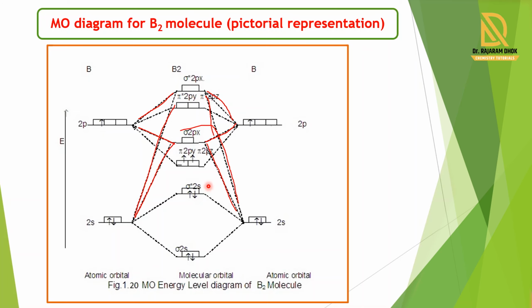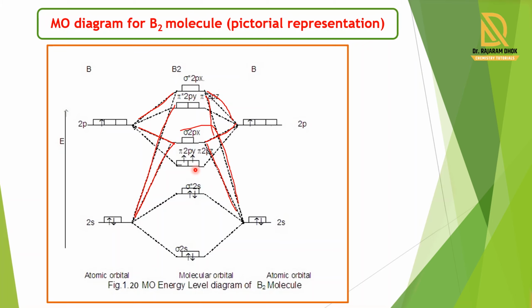After sigma star 2s, the higher energy orbitals are pi 2py and pi 2pz. You see here pi 2py and pi 2pz are degenerate, that is, they have the same energy, and there are 2 electrons. So these 2 electrons fill singly in both the same-energy pi orbitals: pi 2py gets 1 electron and pi 2pz gets 1 electron.